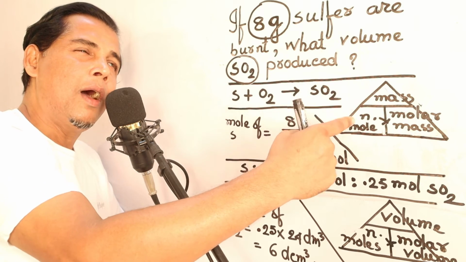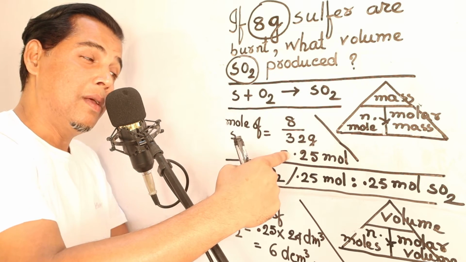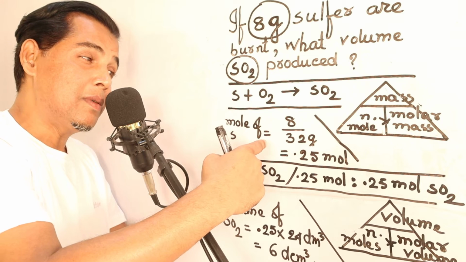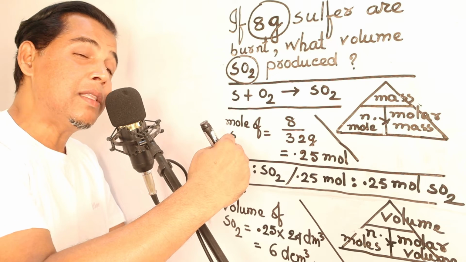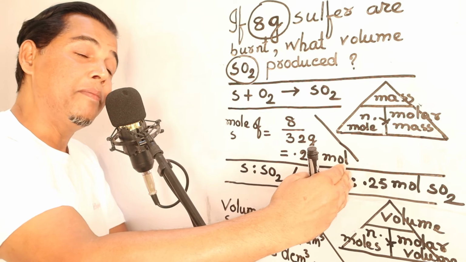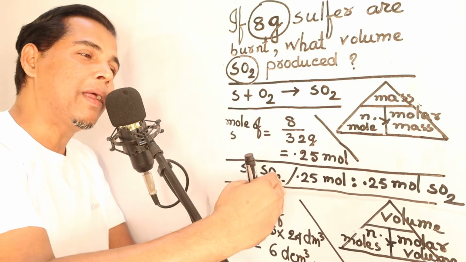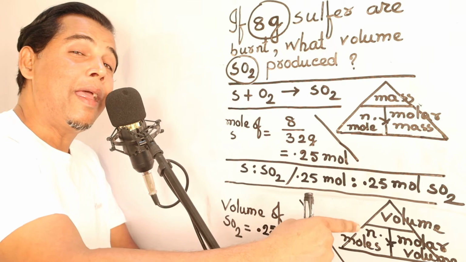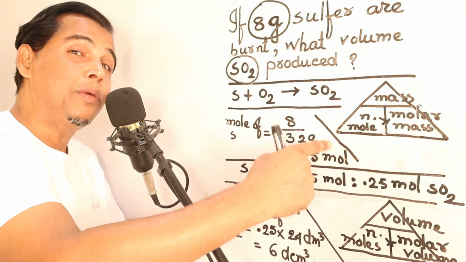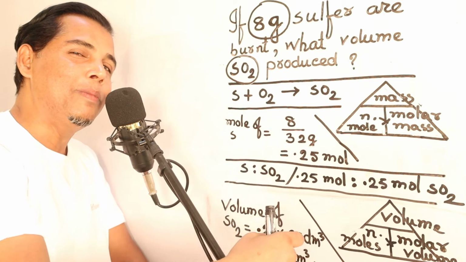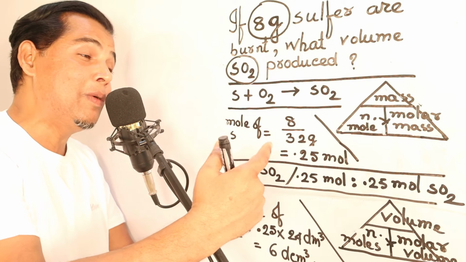Using this formula, I will get the number of moles. And then as the ratio is the same, if I get the number of moles, and as the exam authority's expectation is volume, I use the formula of volume.